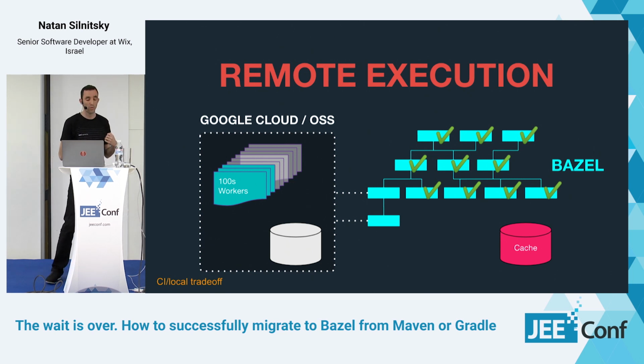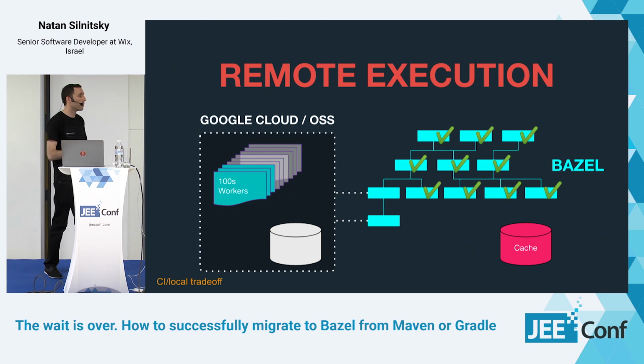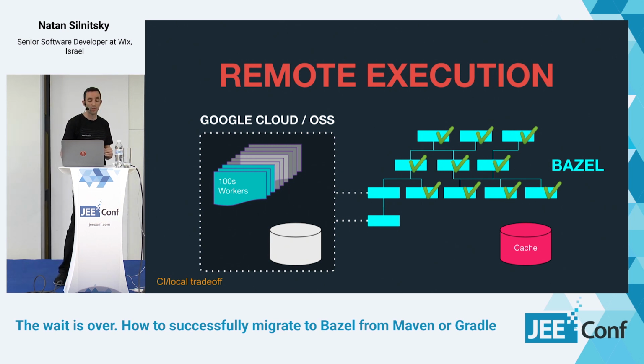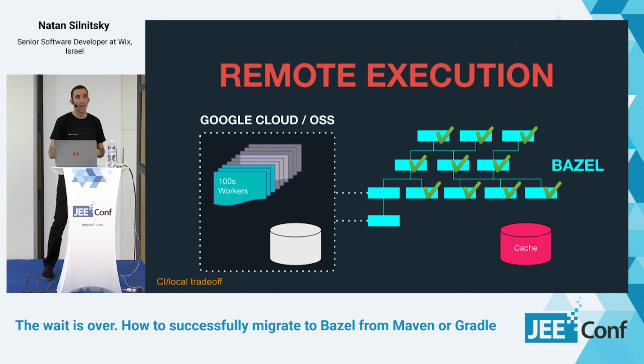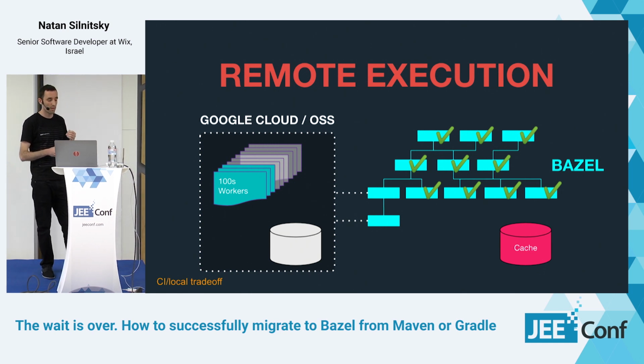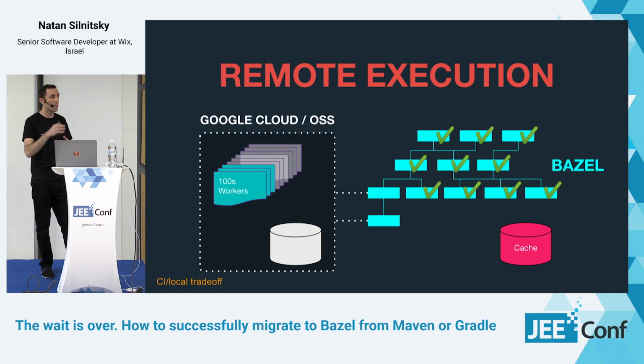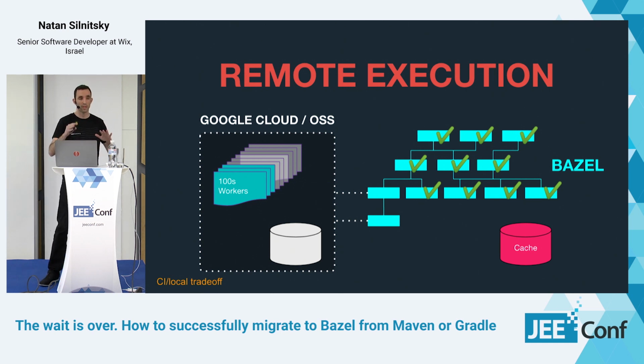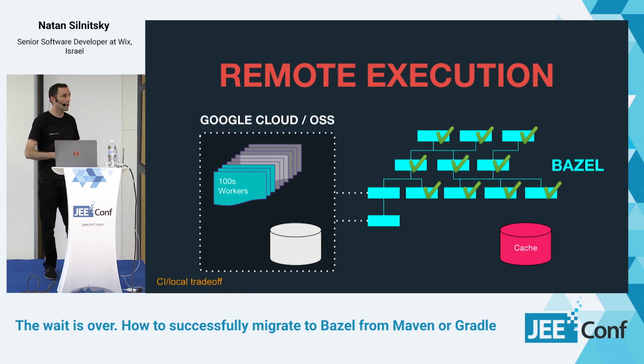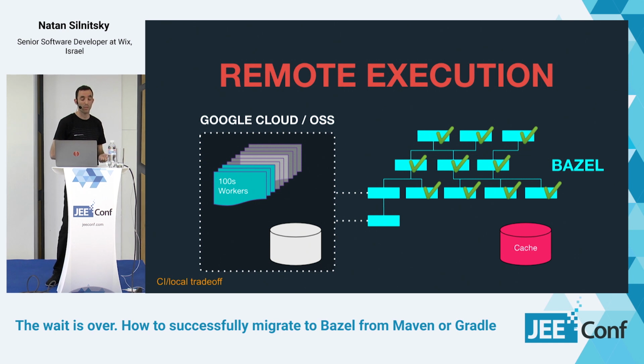For instance, at Wix, we use Google Cloud Platform, and we run our builds with hundreds upon hundreds of workers, and we see the amazing speed that it entails. Of course, it depends on how much dependency you have in your code. But as long as you have pretty good separation of your targets, you can really gain a lot from it.